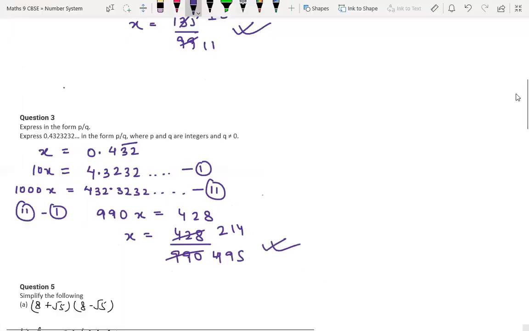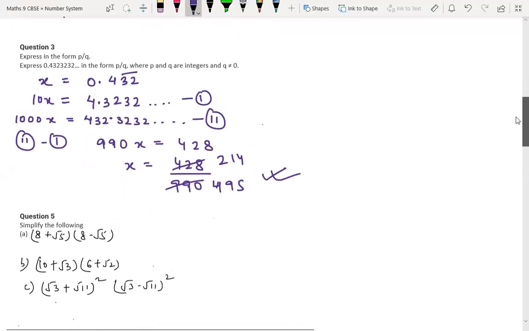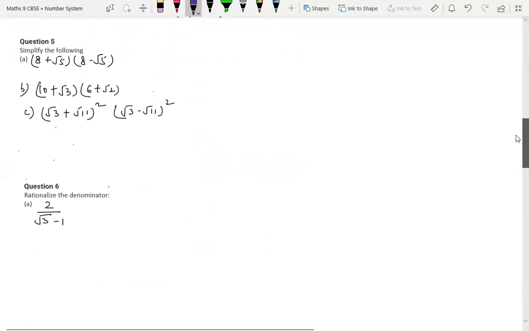So next question is, simplify this one: 8 plus root 5 times 8 minus root 5. What is the answer for this?